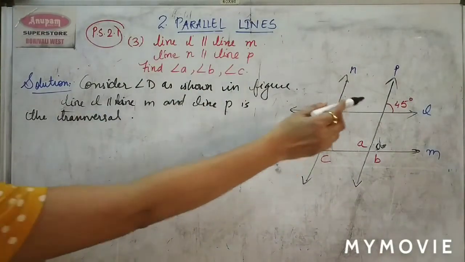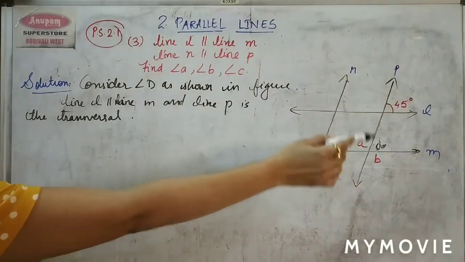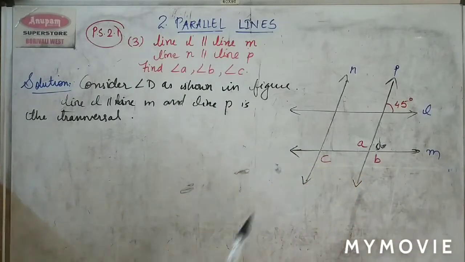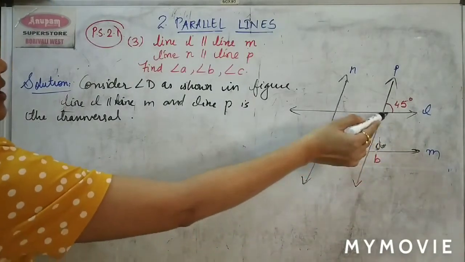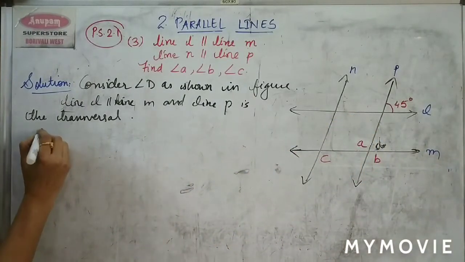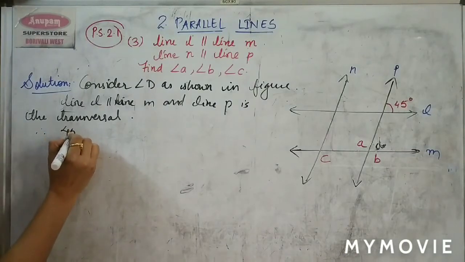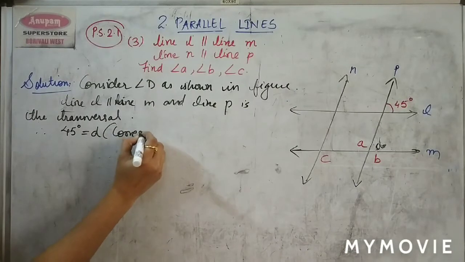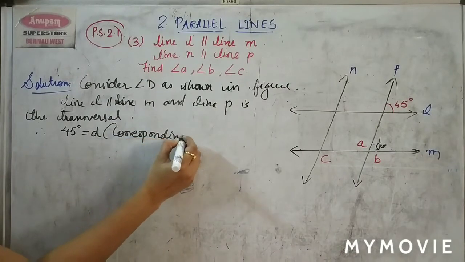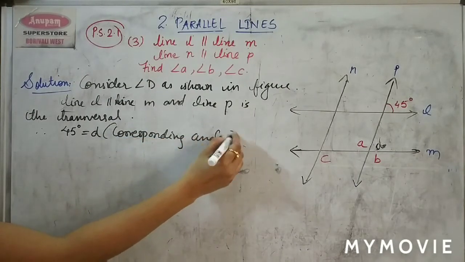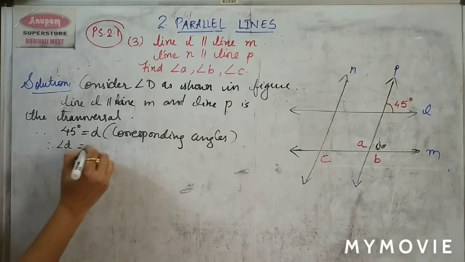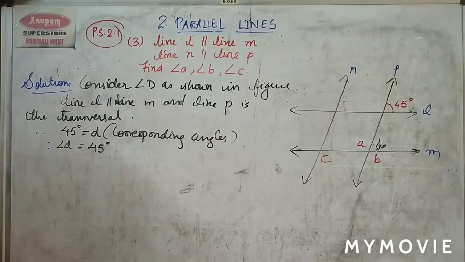So line L is parallel to line M, and line P is a transversal. Therefore, 45 degrees is equal to angle D, because they both are corresponding angles. The reason will be corresponding angles, which can also be rearranged as angle D is equal to 45 degrees.